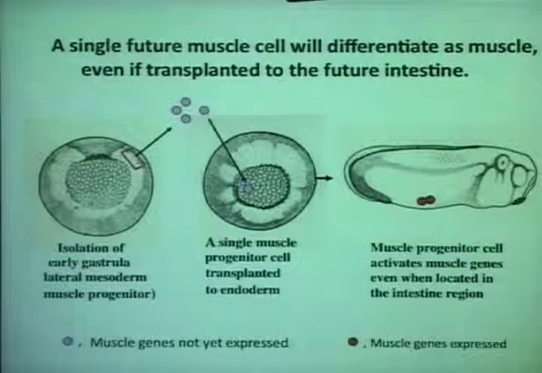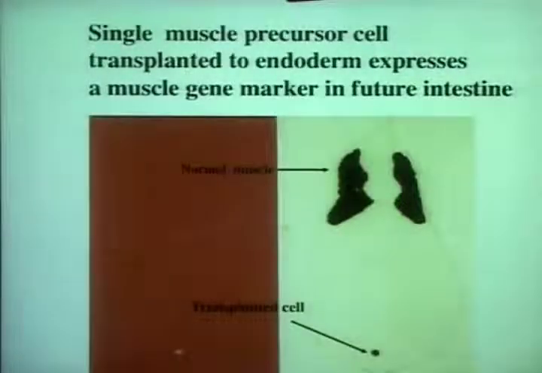And so in that sense, we can reasonably say that there is a great stability of that pathway of development. Now that applies to the whole cell. These are whole cell transplants. And this just shows you there is a muscle cell expressing muscle genes in the endoderm, just like the normal muscle cells do.